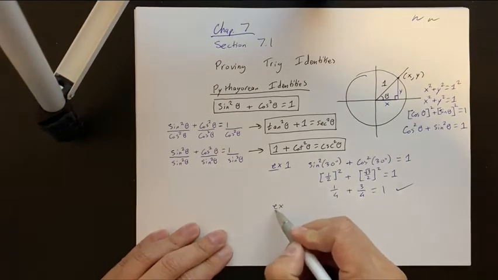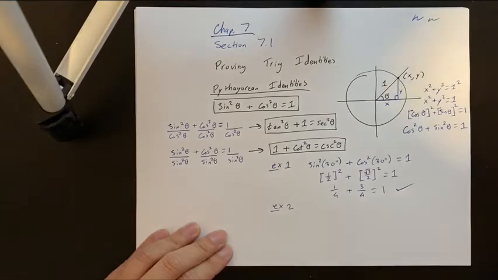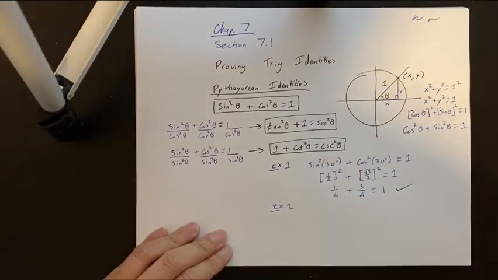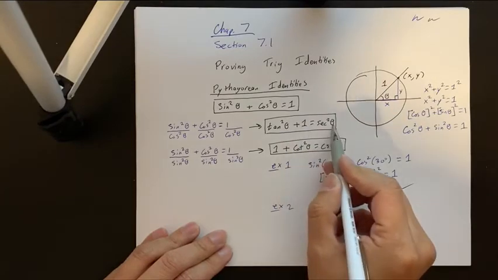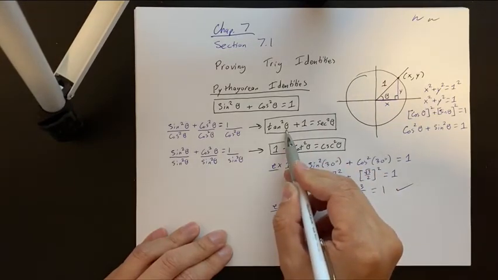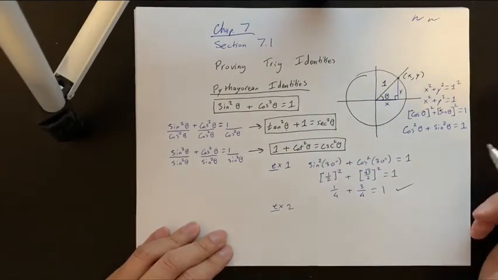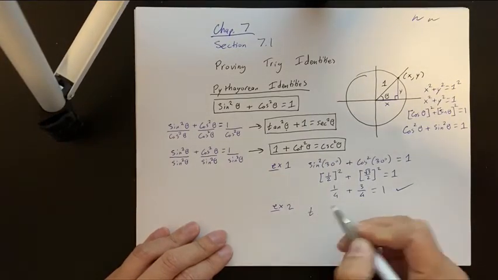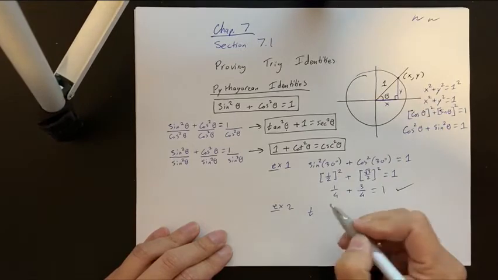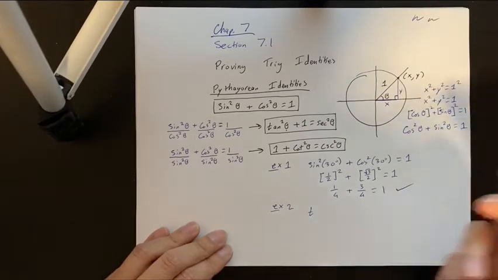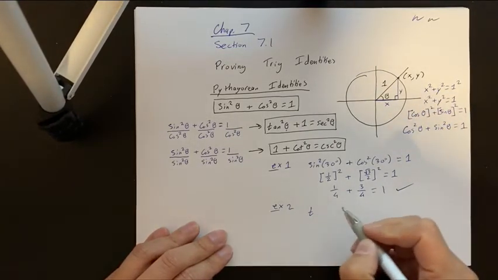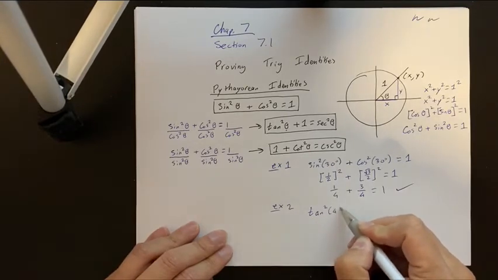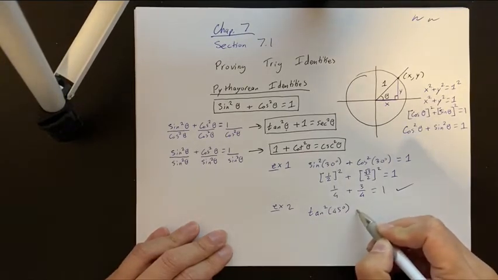There is also example 2, where I apply the second identity. And this is true for any theta. So I decided to use 45. Just something to plug in. Nothing special about 45 other than the fact that I actually do know what tangent of 45 is without having to use a calculator.